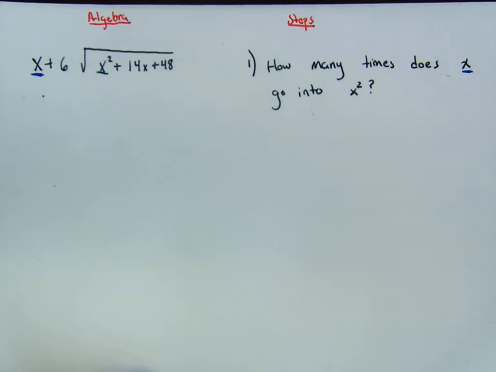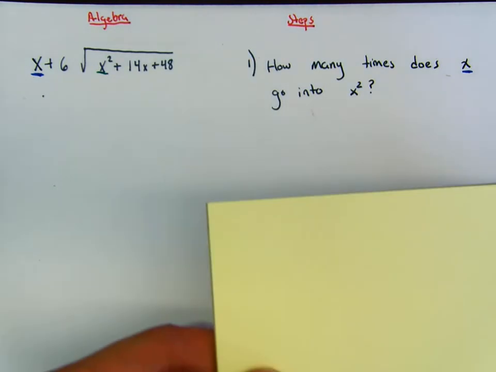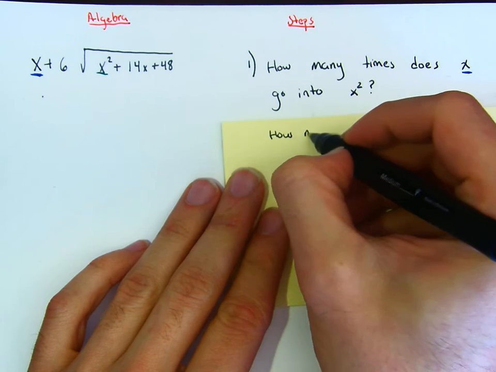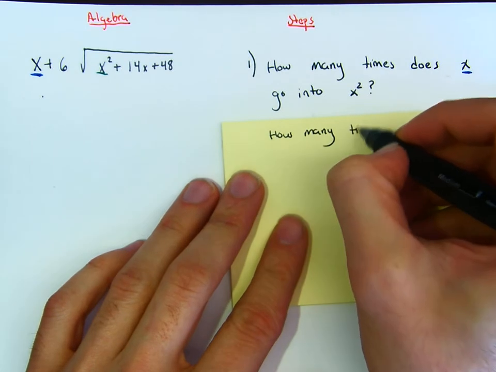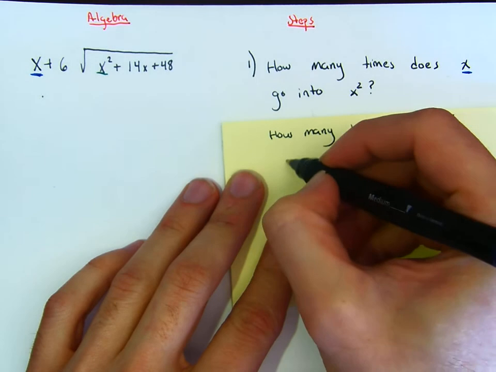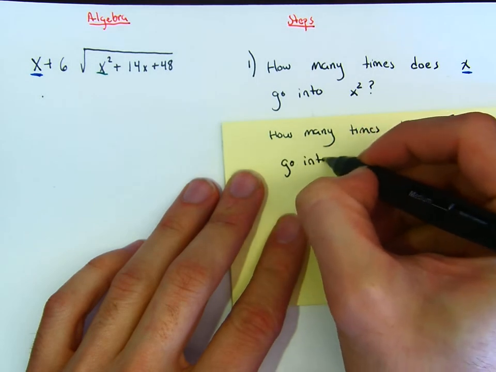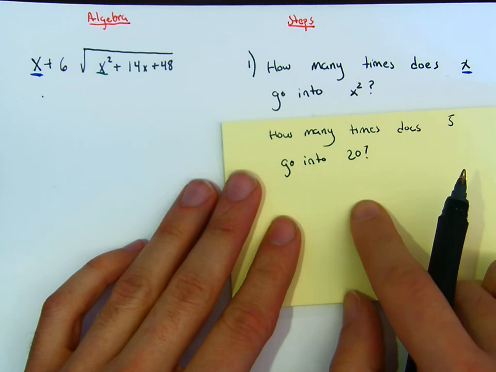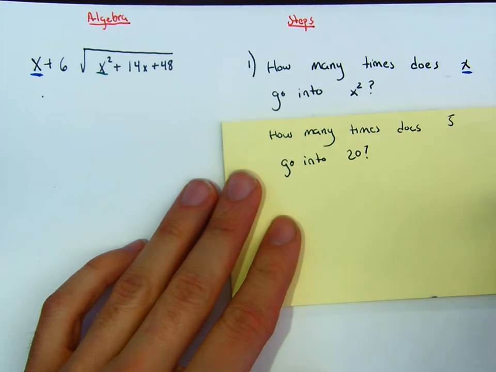It sounds a little weird when you say it, but imagine if I said, how many times does 5 go into 20, for example? If you say 4, you're right.